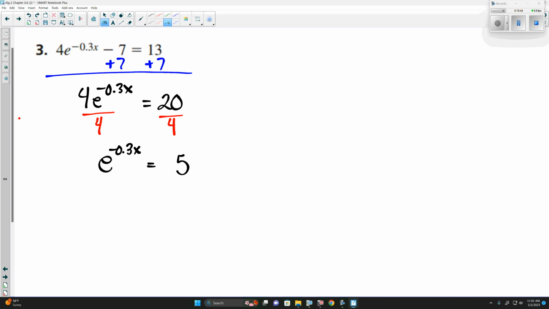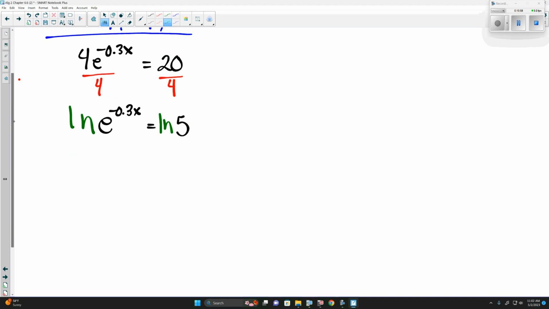Is e by itself? What logarithm has a base of e? So if we apply ln to both sides, on the left-hand side, just like before, the negative 0.3x will move to the front. And it's being multiplied by ln of e is equal to the natural log of 5.